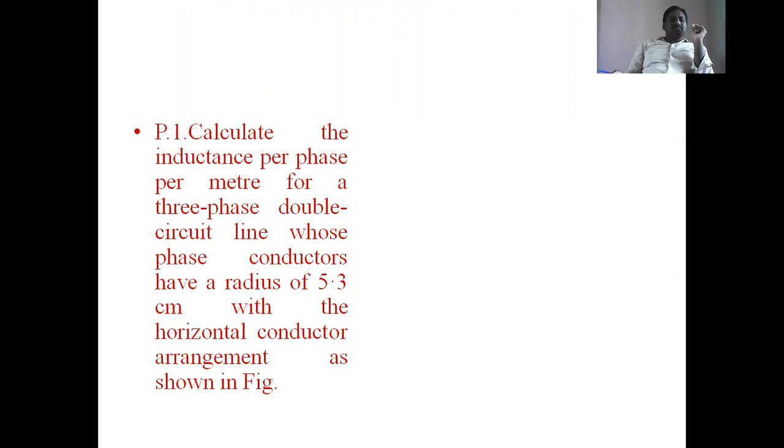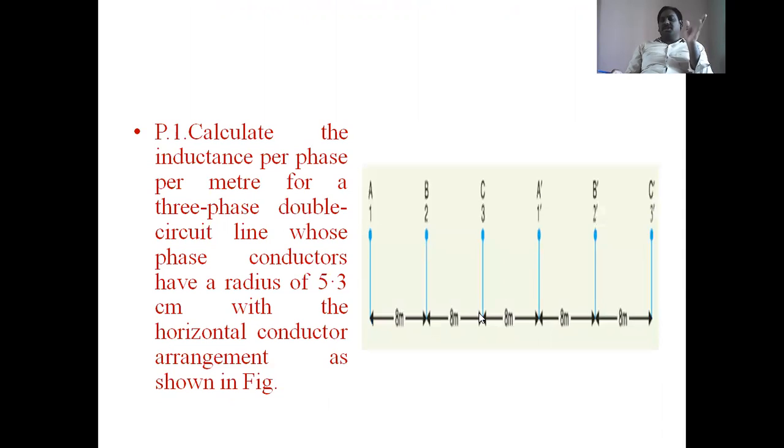See here, calculate the inductance per phase per meter for a three-phase double circuit line whose phase conductors have a radius of 5.3 centimeter, with the horizontal conductor arrangement as shown in the figure. Here are conductors A, B, C, these are their respective positions.